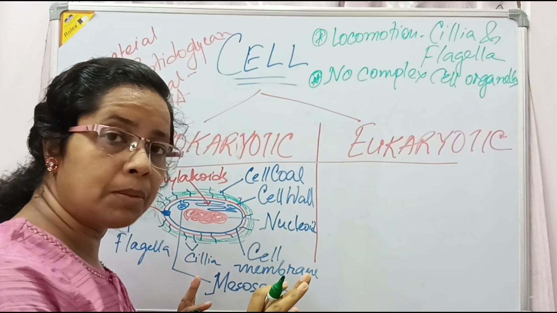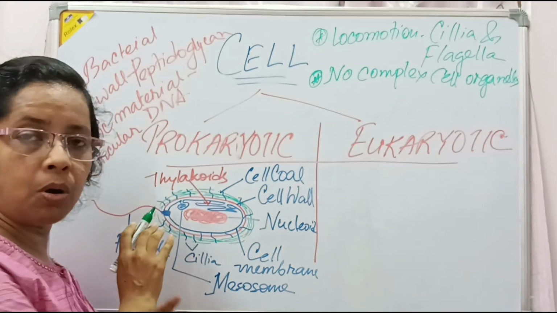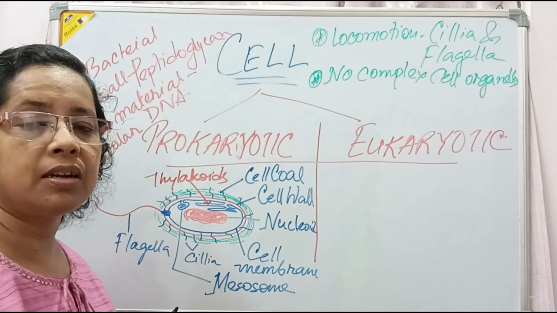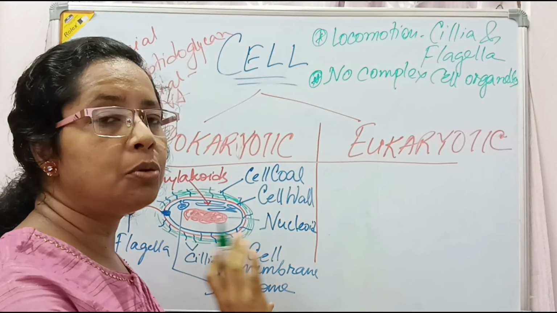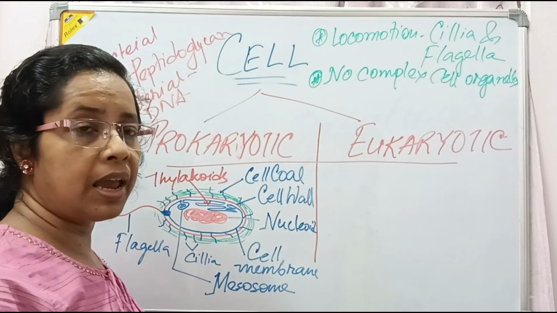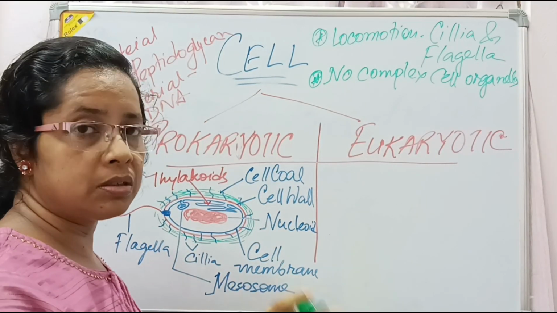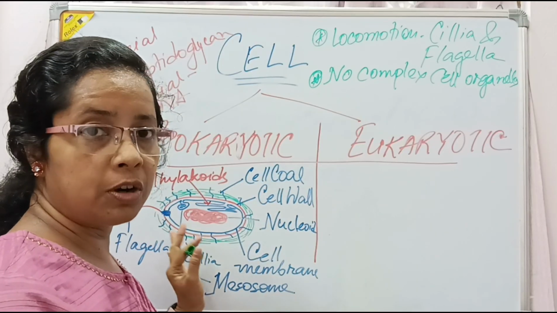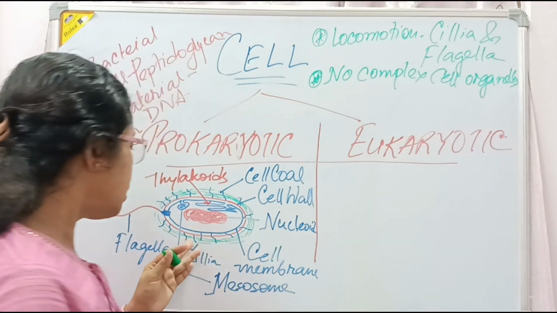I'm just talking about the basic points. Now this external cell coat or glycocalyx, it is present only in a few bacteria. Others, they don't have this. While discussing bacteria, another important thing is called gram staining. What gram staining is, is also one of the things that we are going to discuss in the upcoming classes.